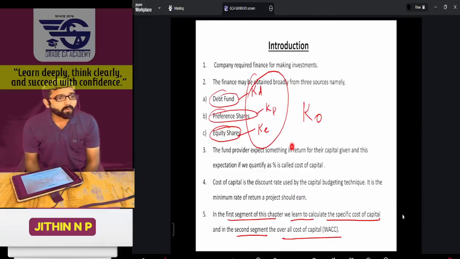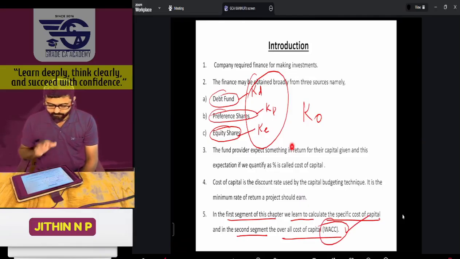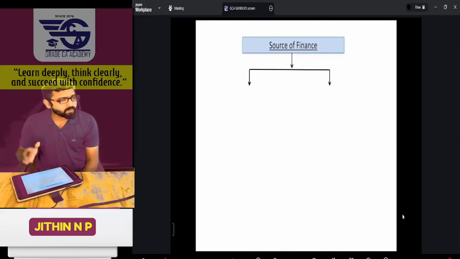Clear? This is also called weighted average cost of capital, combined cost of capital. Clear? Yes. In the first segment we are going to learn cost of debt, cost of equity, cost of preference shares separately.